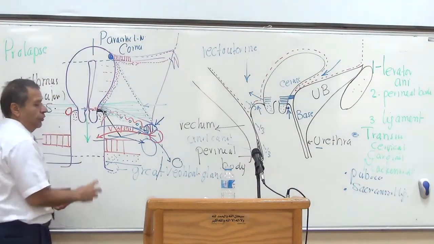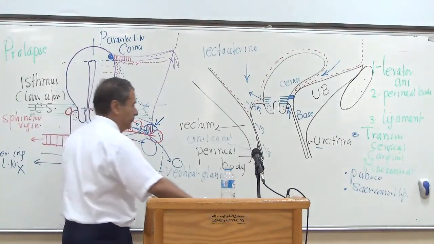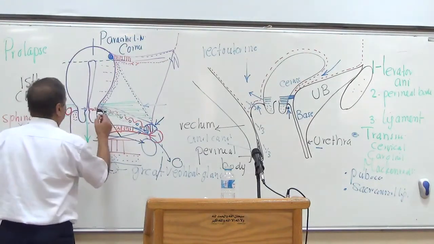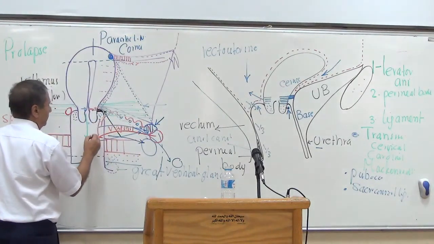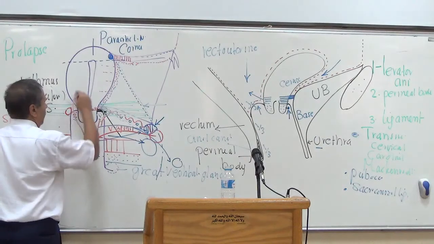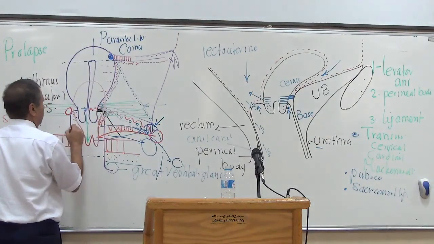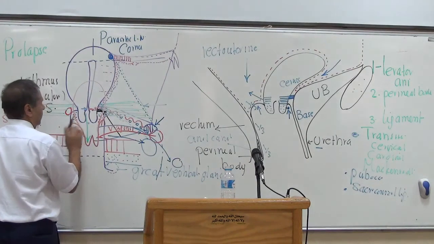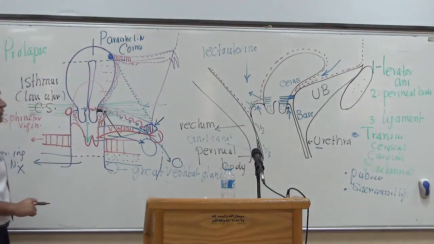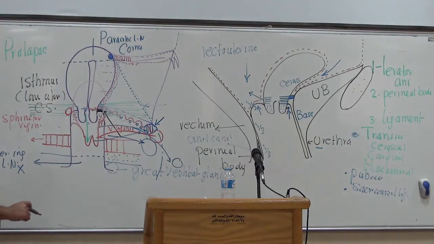The uterus will descend. The cervix becomes here, and the uterus here, and the vaginal wall comes downwards like that. This is the first stage of prolapse.